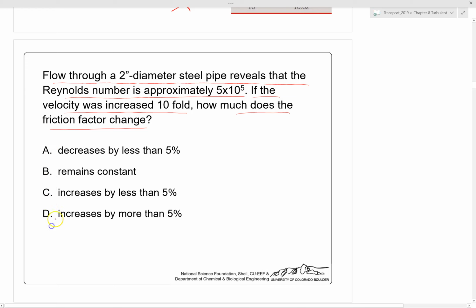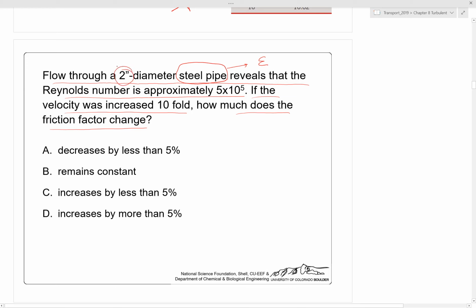So these are the choices you are presented with. How would you go about it? First, always look at the material of the pipe: steel pipe. What is the expected value for E? The diameter is given, 2 inch.